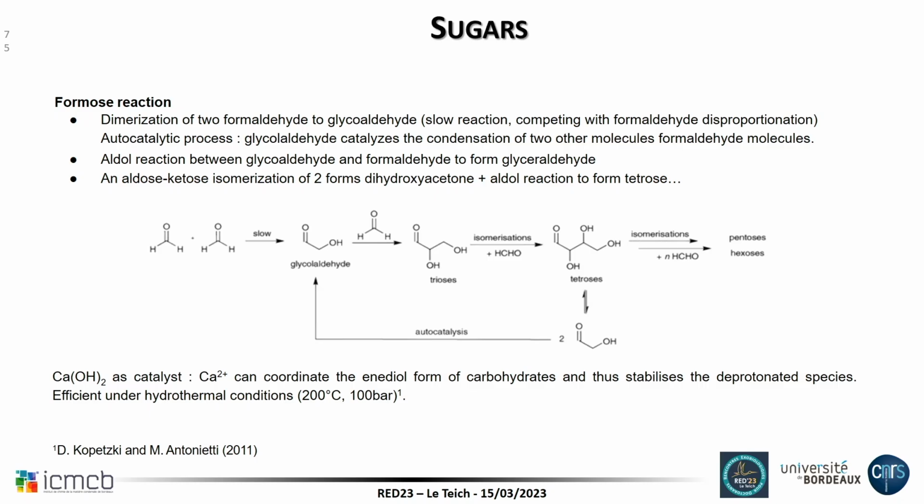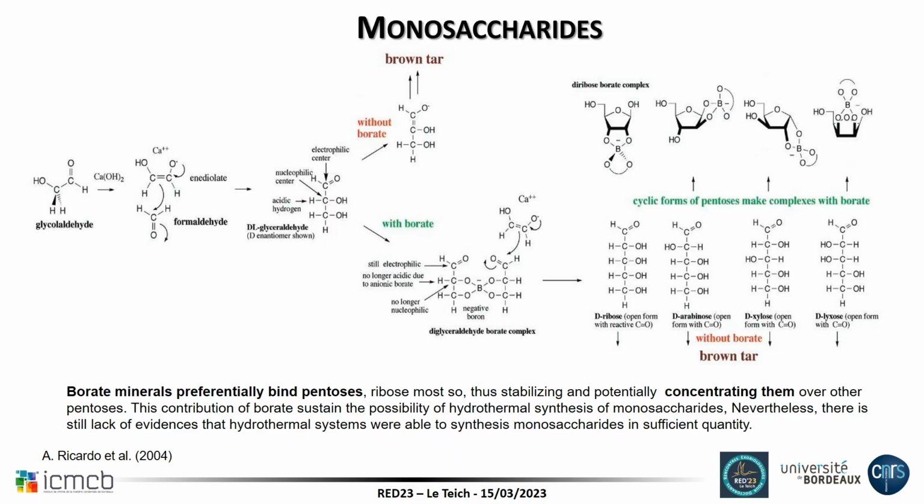Sugar can be made also with a formose reaction, so starting from the combination of different smaller molecules with glycolaldehyde through isomerization to form pentose and hexose that are the starting point to ribose. And monosaccharides can also be made with a catalysis such as calcium hydroxide, which we can find right now, like I told you, in white smokers.